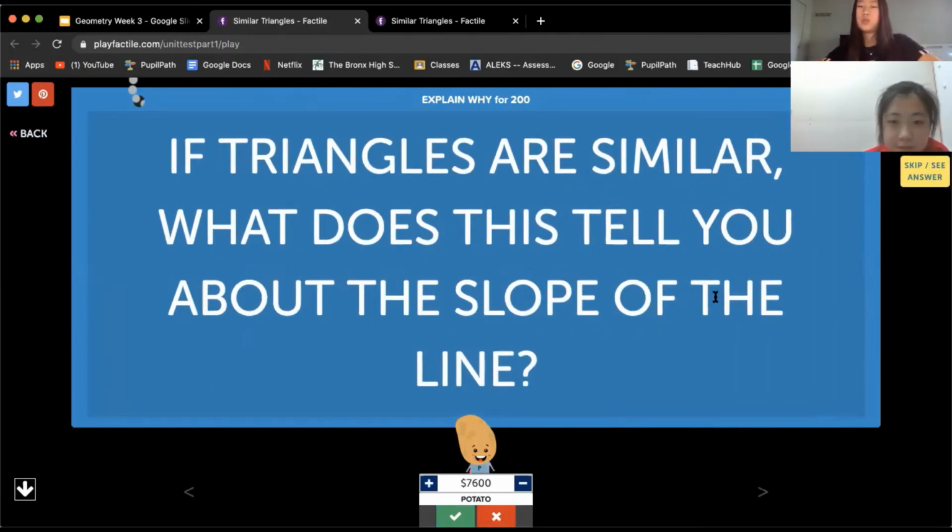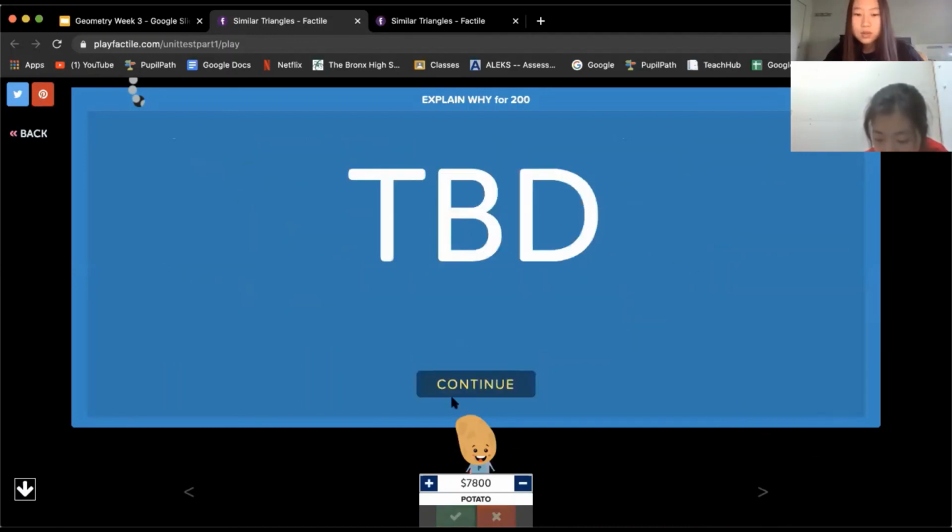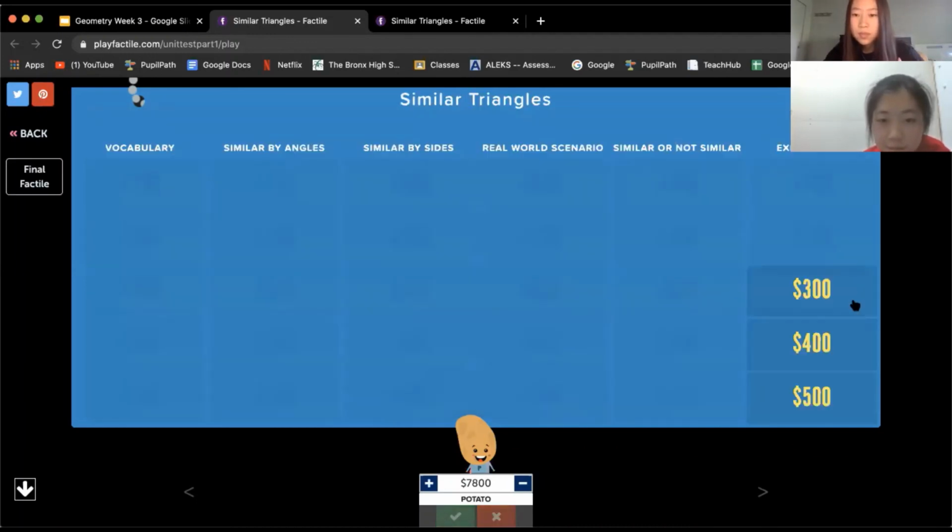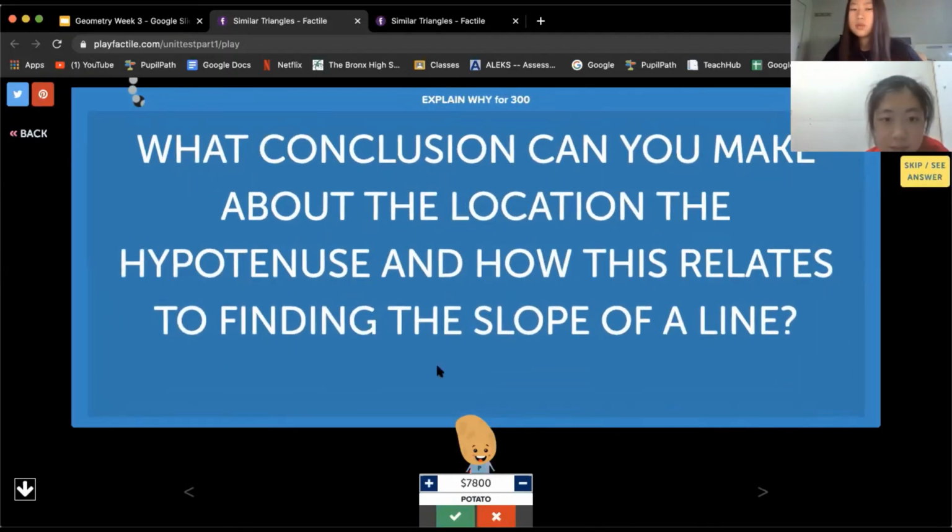Triangles are similar. What does this tell you about the slope of the line? So for every single line it corresponds to, they all have the same slope. What conclusion can you make about the location of the hypotenuse and how this relates to finding the slope of a line?